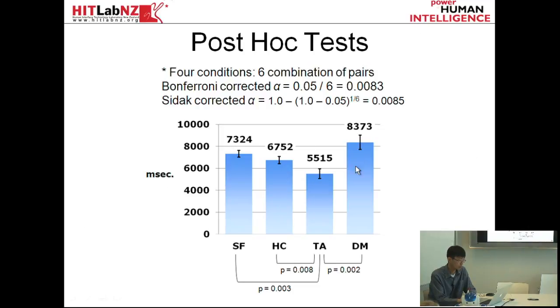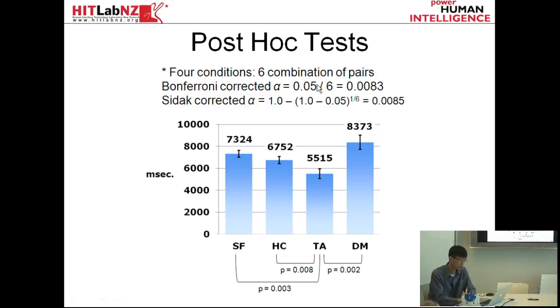So as an example, if you have compared 4 different interfaces, and you ran ANOVA and it printed out a significant p-value, then the next step would be to compare them pairwise. And if you're doing it manually, then you have to check whether the p-value is lower than 0.05 divided by the number of comparisons.